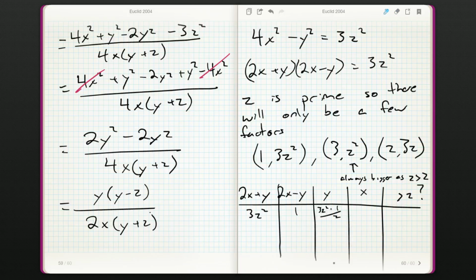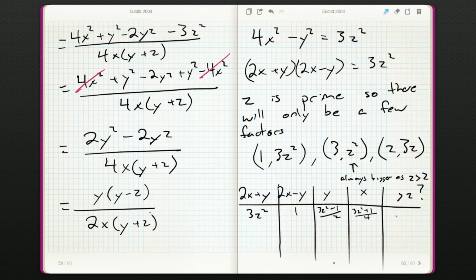Anyway. So then subtract that off, and x will be 3z squared plus 1 half, and those would cancel out, but then we have to divide by another 2, so it's over 4.